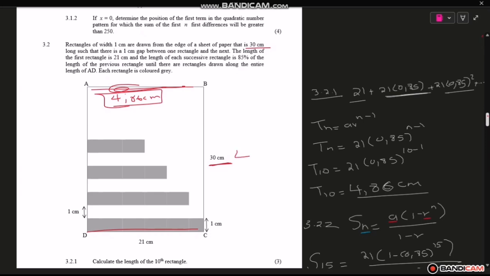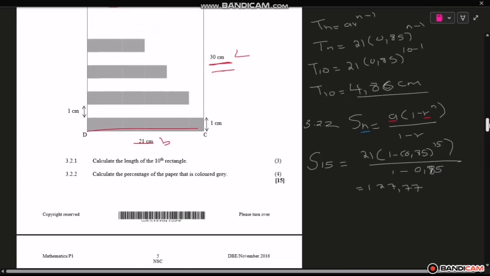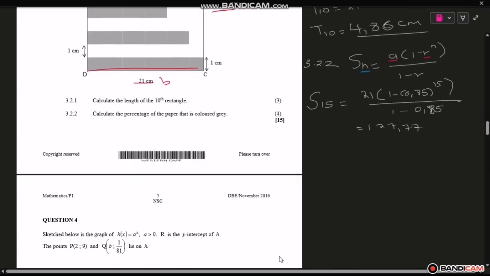Length is 30 and B is 21. Therefore, we're going to multiply these two, then they will give us the area of the entire rectangle. 30 times 21 is going to give us 630.